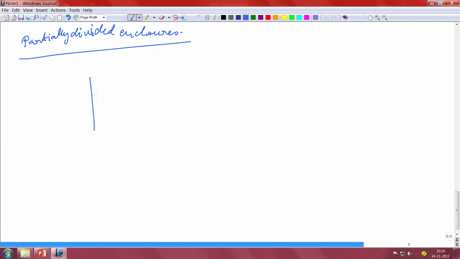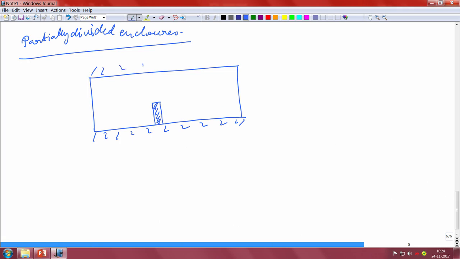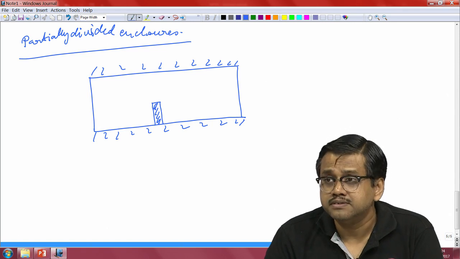For example, if I give you an enclosure like this, whatever I mark as hatched, those sides will be insulated, that means they will have an adiabatic condition. If this is a room, and I suddenly have a prop, this may be adiabatic, this may be adiabatic, and these are the walls which are at plus delta T and minus delta T. Now, if somebody asks you what will be the recirculation pattern in this.